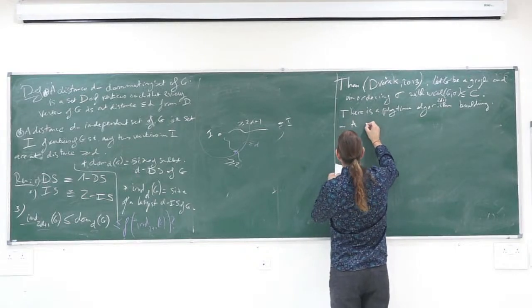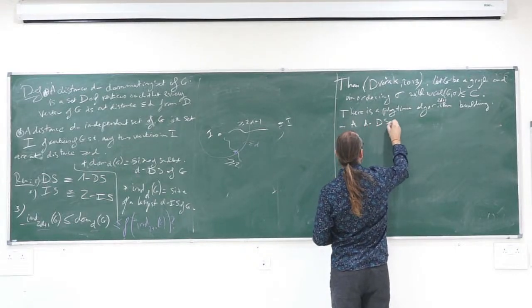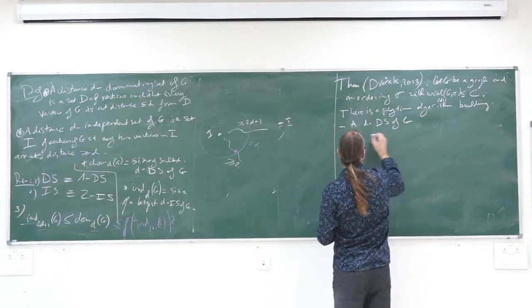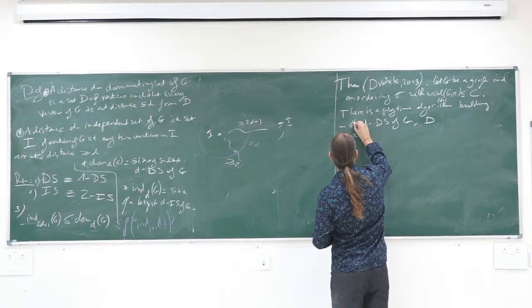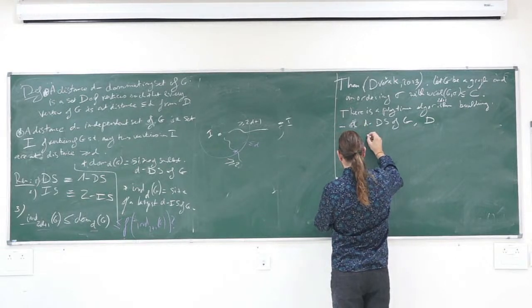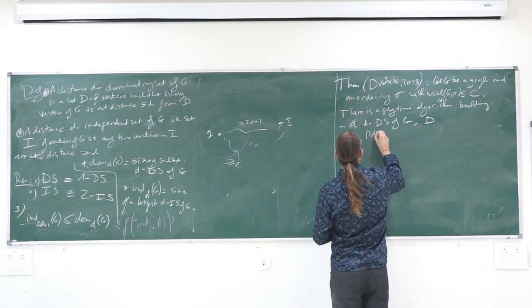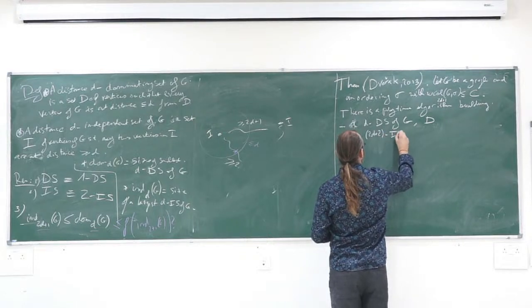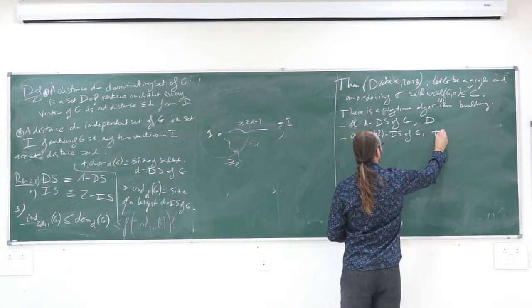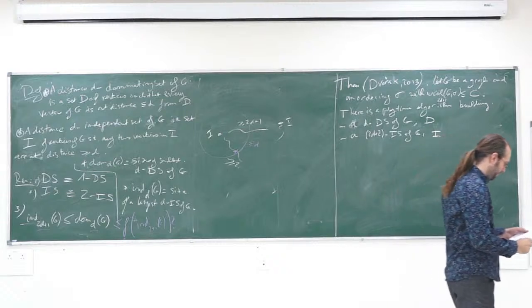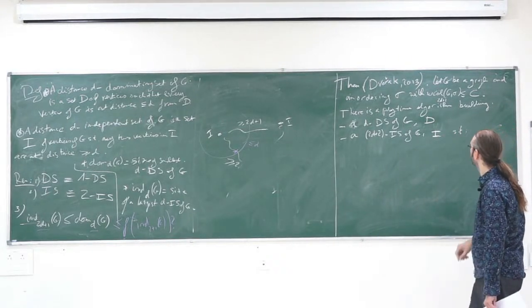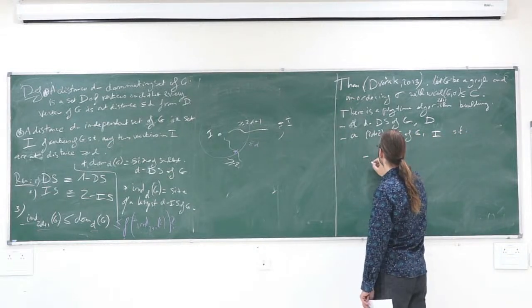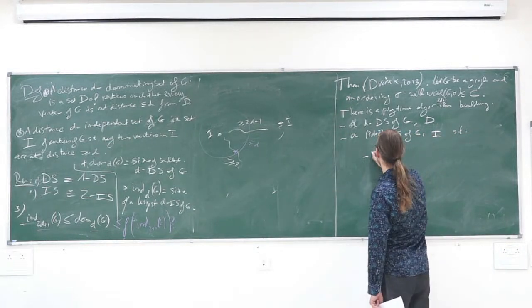A d-dominating set of G, called D, and a 2d plus 2 independent set of G, let's call it I, such that, so we know that we have this.